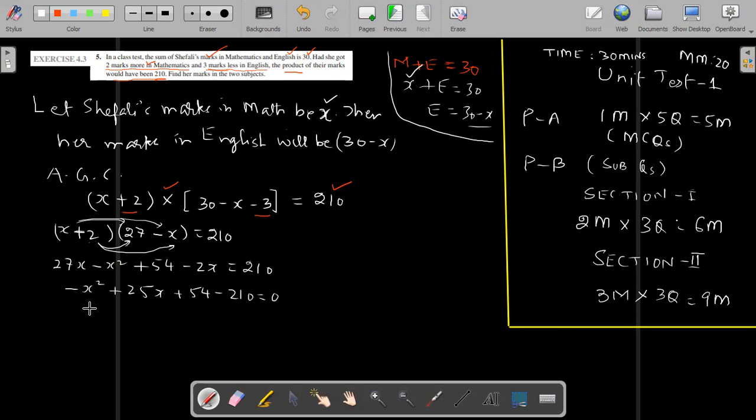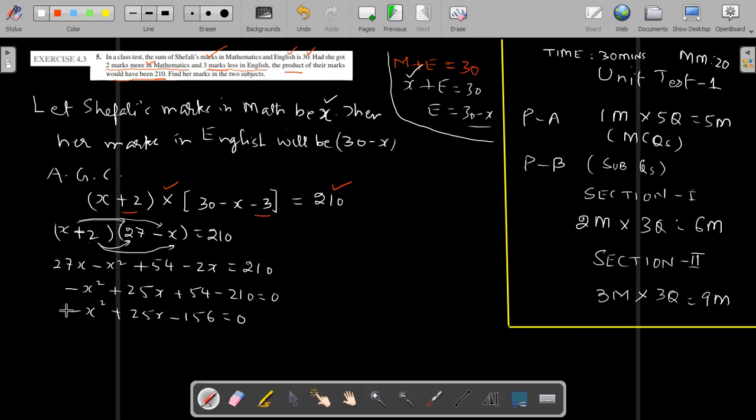You can change the sign. So minus x square plus 25x minus 156 is equal to 0.